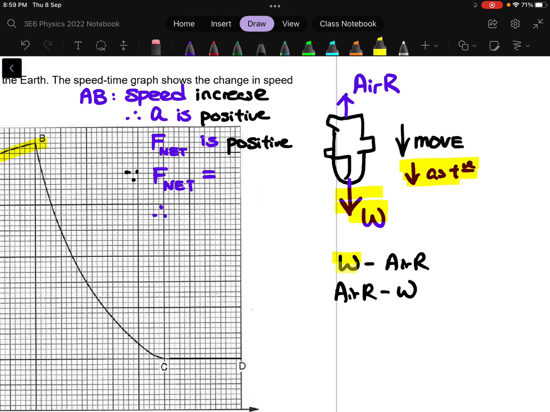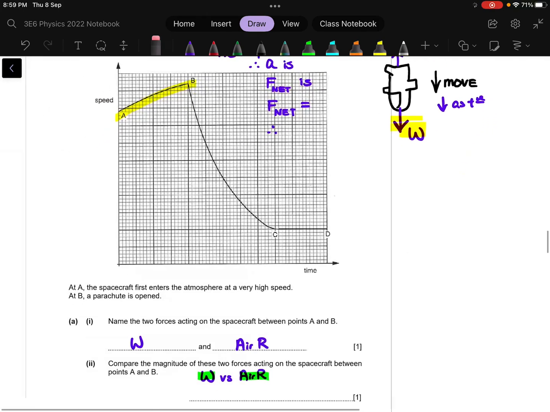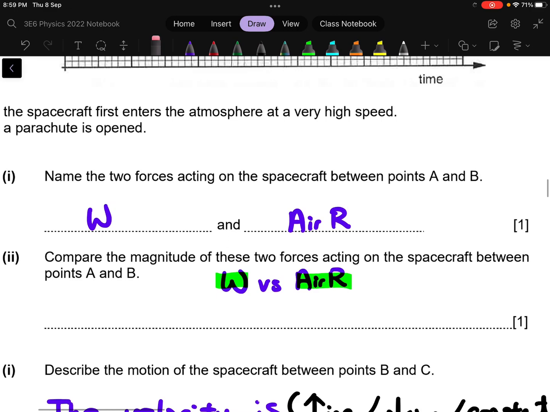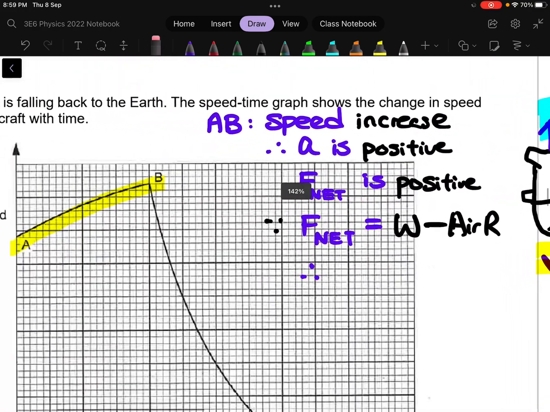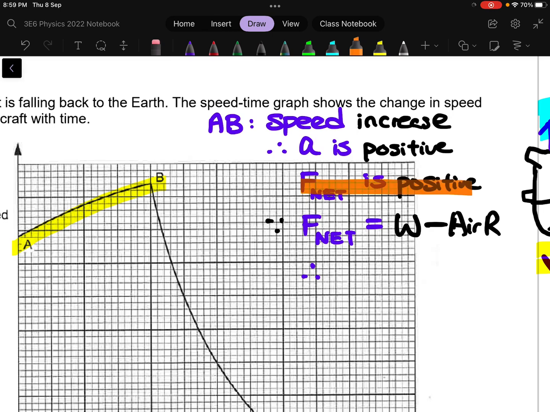Right? I said at the beginning, let's take downward as positive. So W should be positive, and your air resistance should be negative. So in fact, your F net is given by W minus air resistance, right? If you are able to come to this step, and since my question is asking you to compare the size of W with the size of air resistance between A and B, you know that F net is going to be positive, and that F net is W minus air resistance.